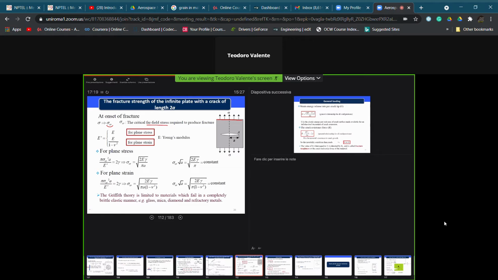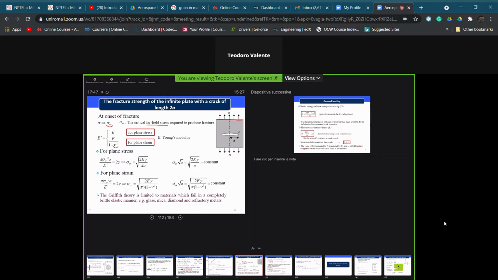Remembering that we have already defined two proper Young moduli depending on the condition respected by our specimen: plane stress, where we use the Young modulus E, or plane strain, where we use a Young modulus modified by the Poisson ratio of the material itself.